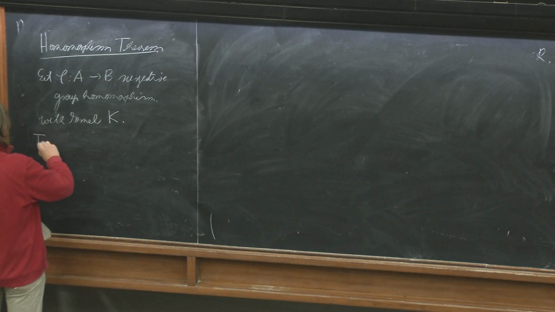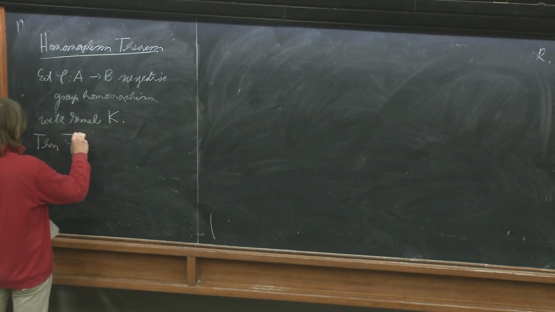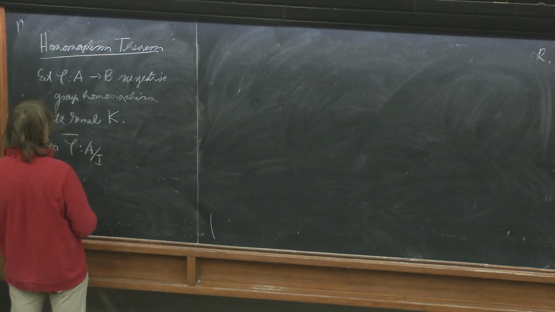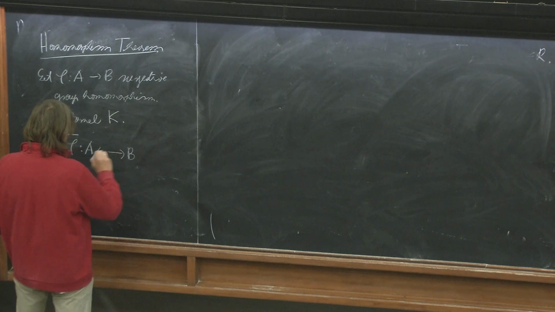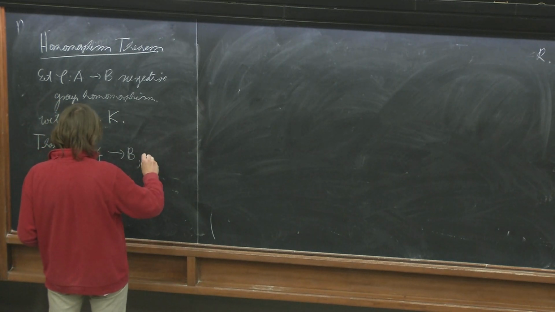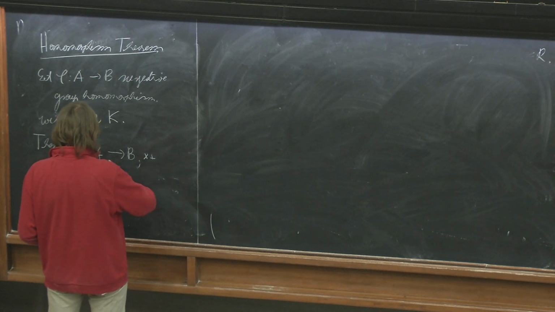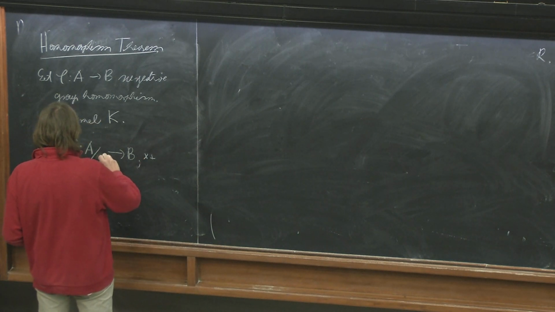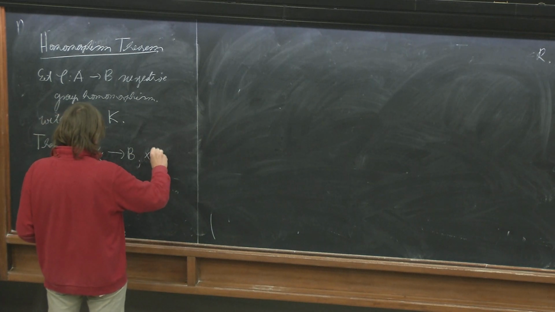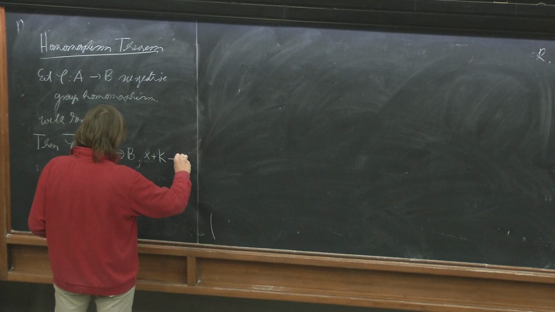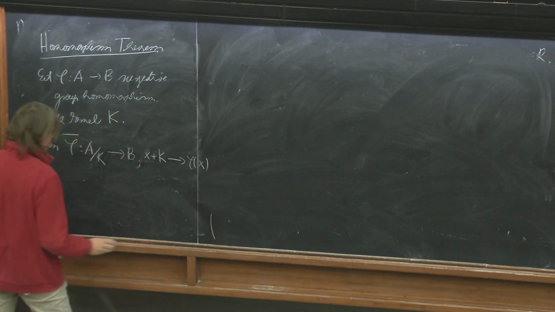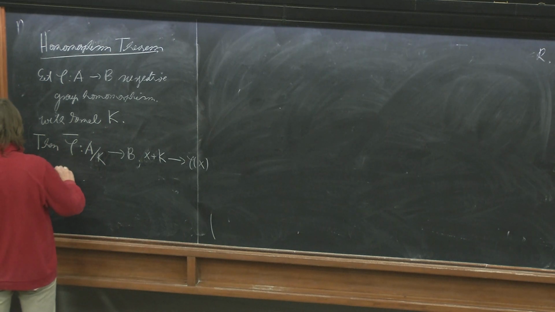Then the map phi bar from A mod K, which sends the class of x, or I could say x plus K, mapped to phi of x, is an isomorphism.